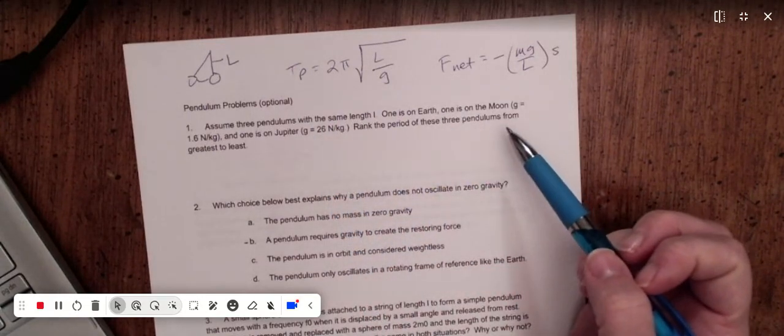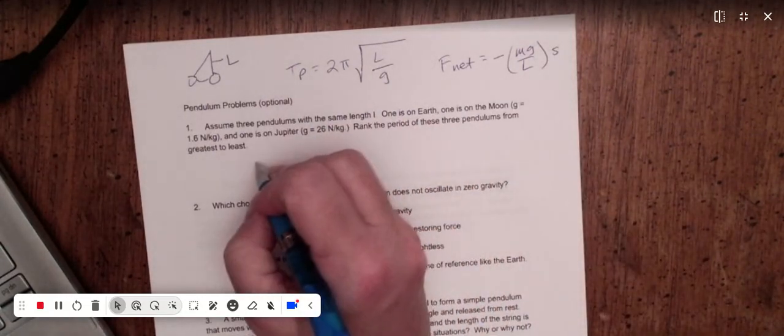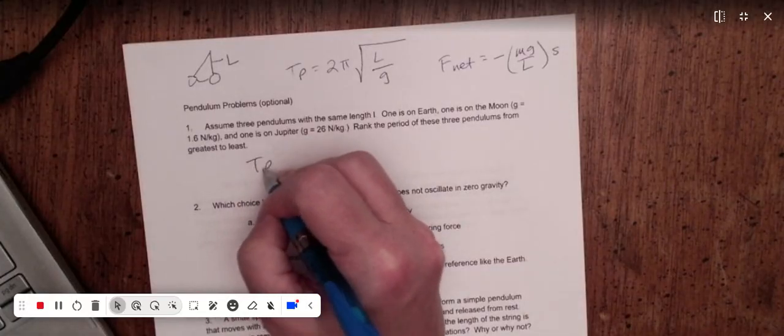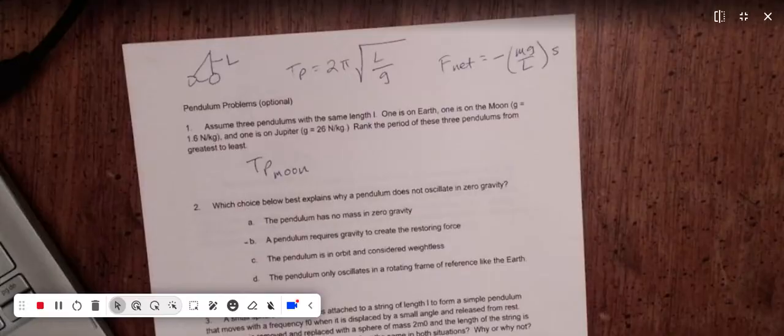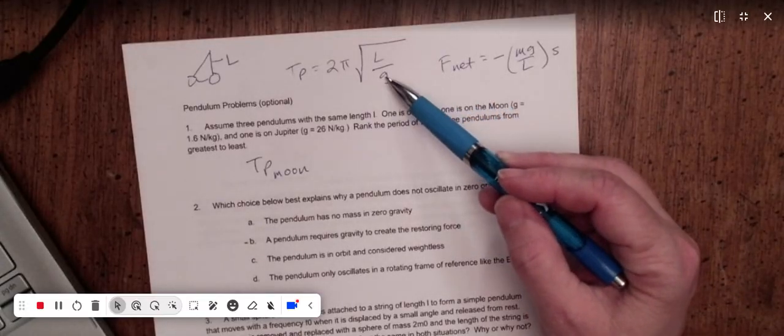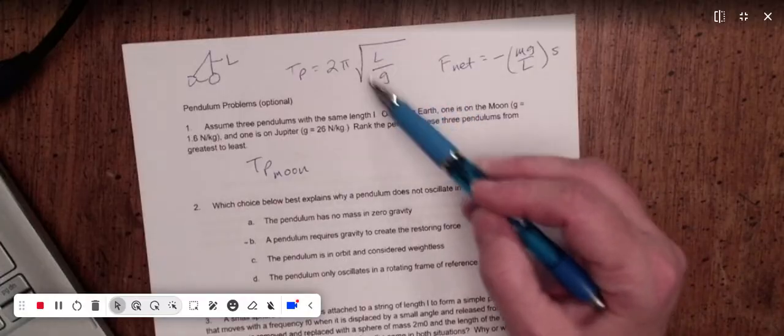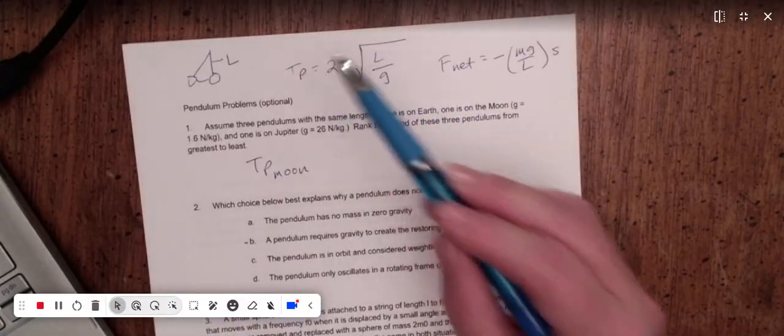And so my pendulum that's on the moon, I'm just going to call it TP moon, is going to be the greatest because that's going to have the smallest number here. I'm dividing by a smaller number, so this number is going to be bigger. That's going to make this number bigger.